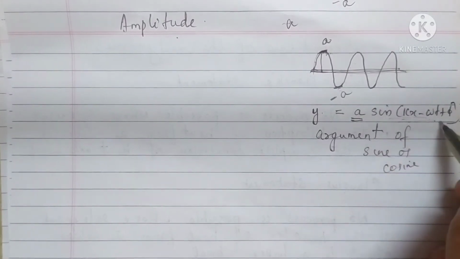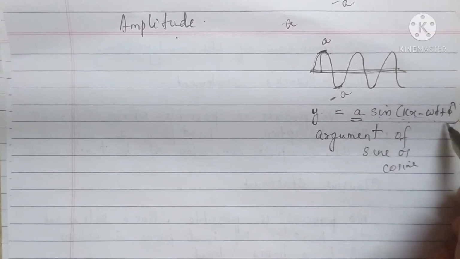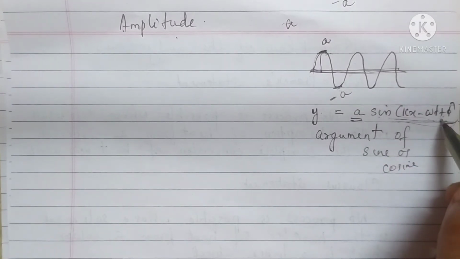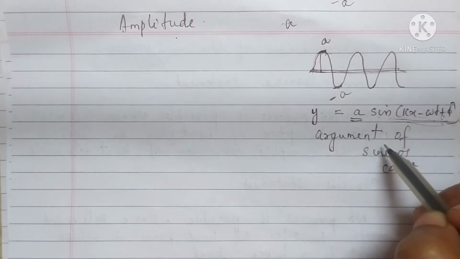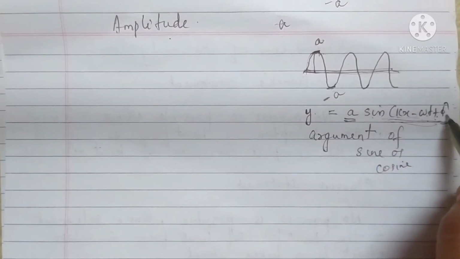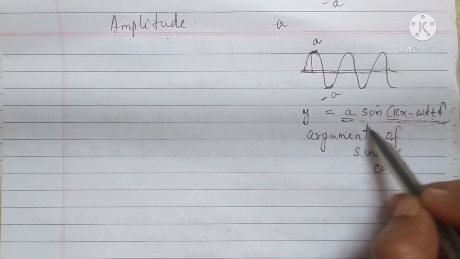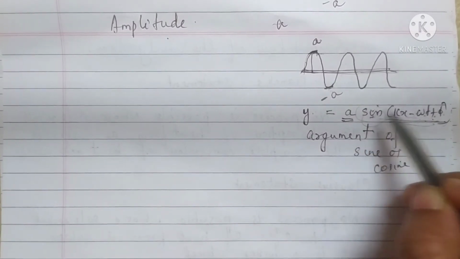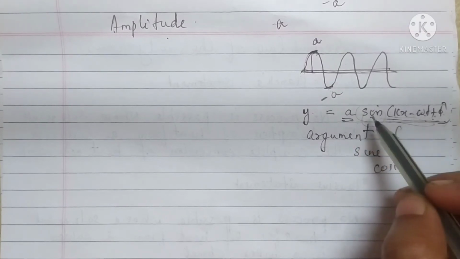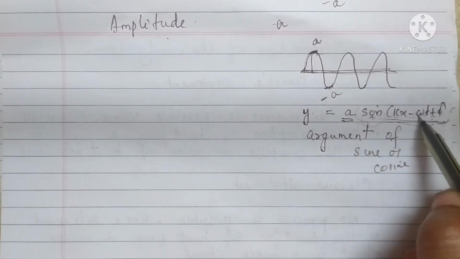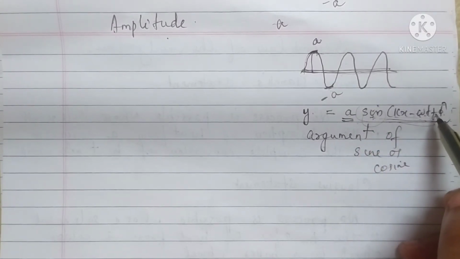If you are writing sine of that value, that is known as the argument, and here kx minus omega t plus phi is the phase which appears as the argument of sine. It can be sine function or cosine function. So argument of sine or cosine function, that is known as phase of the wave.